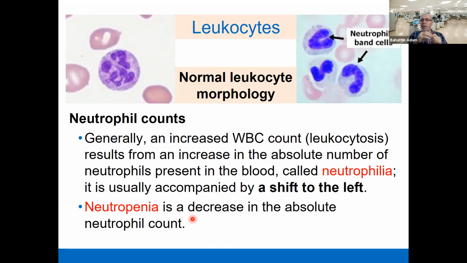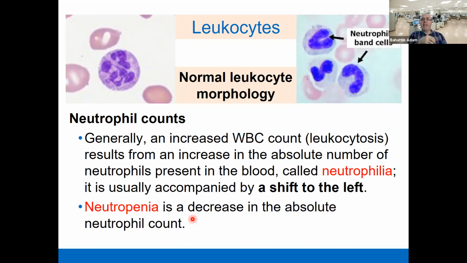I told you before: if you have younger cells, or cells that are supposed to be present in the bone marrow, and in some cases you see these cells in the peripheral blood circulation, we call it a shift to the left. That means there is increasing production of white blood cells.